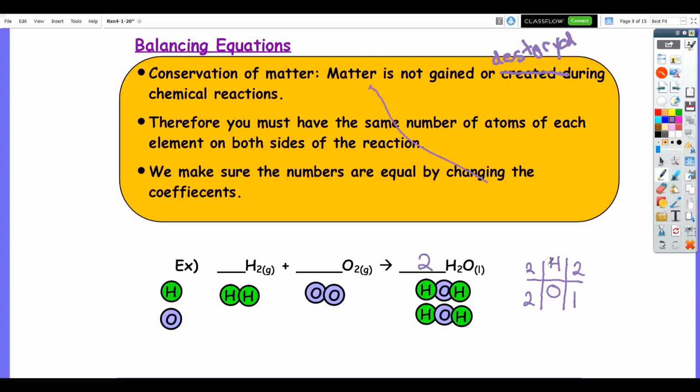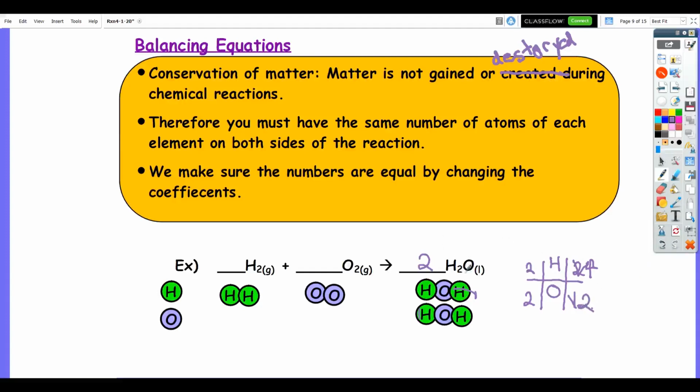So now my numbers of atoms have changed. I now have 1, 2, 3, 4 hydrogens. And I now have 2 oxygens.